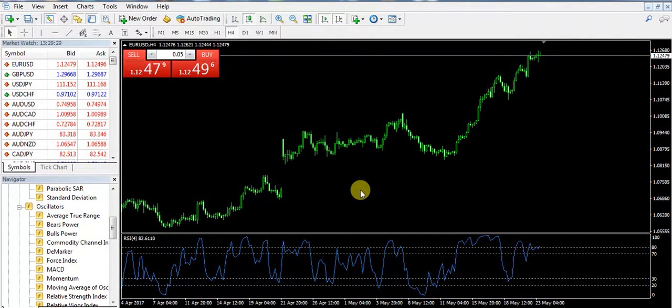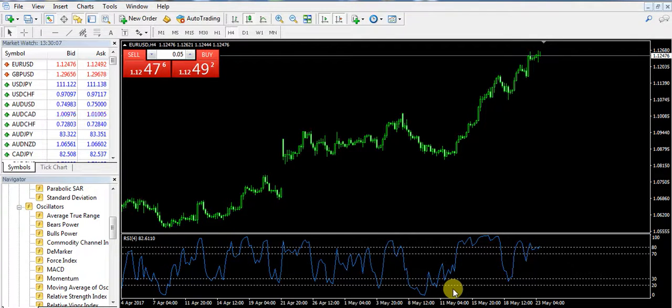What is the relative strength index? Very simply, it's self-explanatory. It shows us the strength of a trend in the market. Where we have our relative strength index dipping to the 30%, dipping to the 20%, or extending to the 70% or the 80% or even above, we can see that when it dips below, the trend isn't really all that strong.